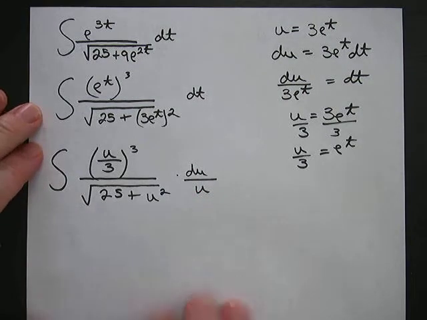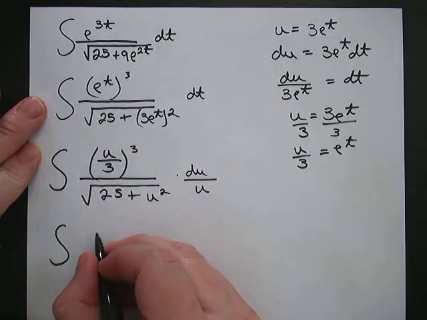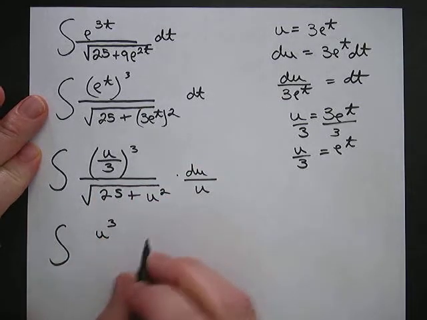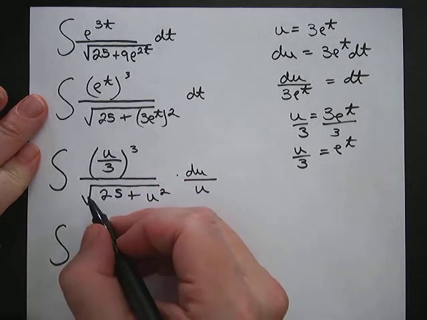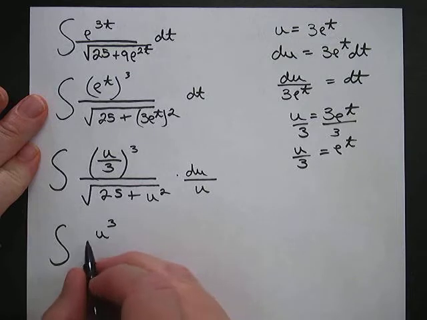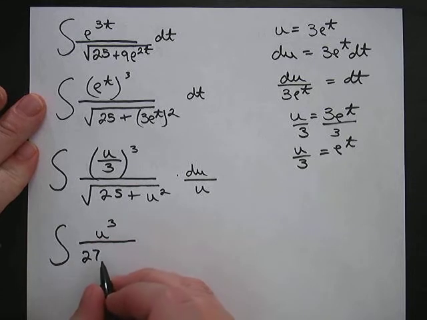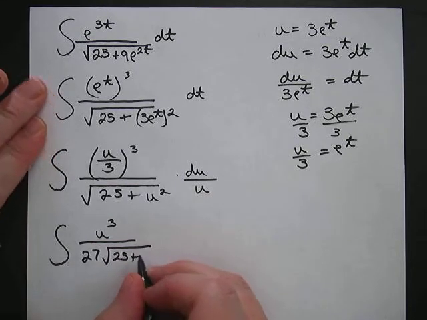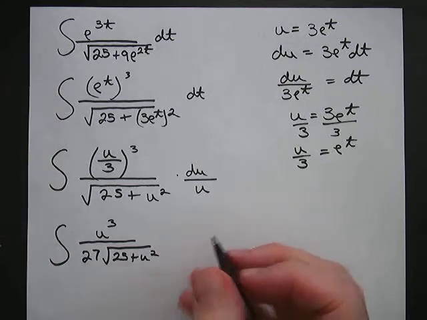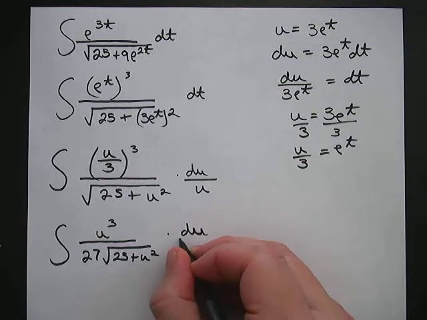Okay, now let's clean that up a little bit. So we've got the u gets cubed, so that's u cubed. And then since this is on the bottom of the fraction, I'm going to bring it on down here. And that's a 27 because it's 3 cubed. So the 27 I'm going to go down here, and then we'll get the square root of 25 plus u squared, that doesn't change, and then du over u.